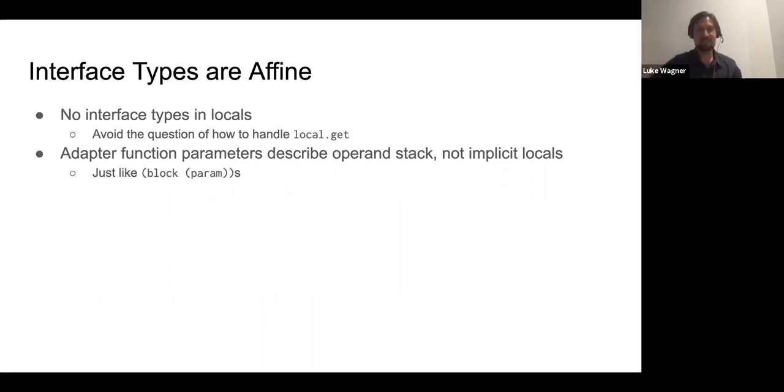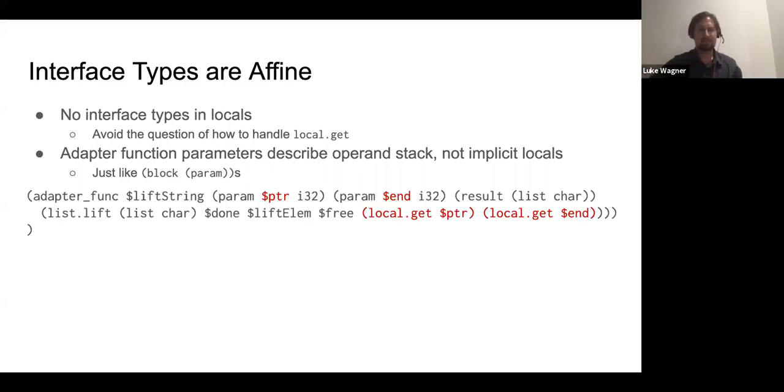Incidentally, this is something we considered in the original core WASM, because it's a little more elegant, but in practice it causes a whole bunch of local.sets to appear at the very beginning of big functions. So it was a mixed thing, but if you look, this is just like the way block params work. A parameter of a block just says what's initially on the stack in that block. So it's symmetric.